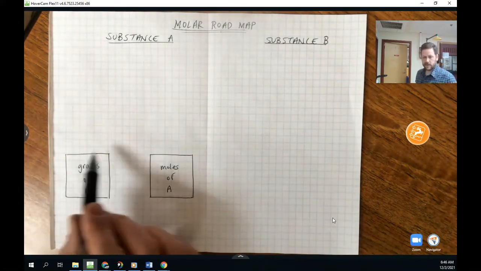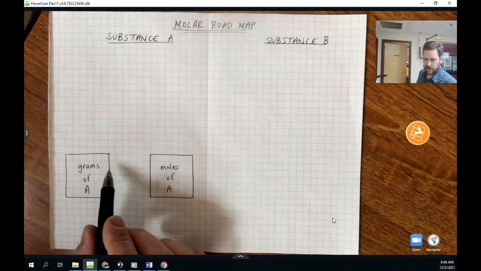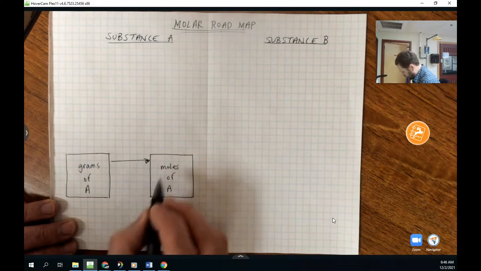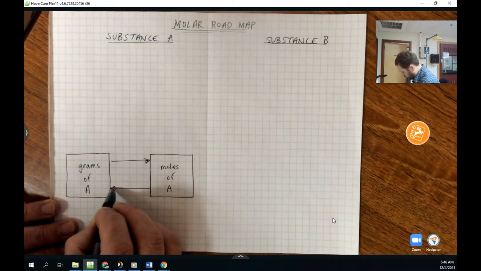But the first thing that this diagram is going to illustrate is how we convert from either grams to moles or how we would convert from moles to grams.